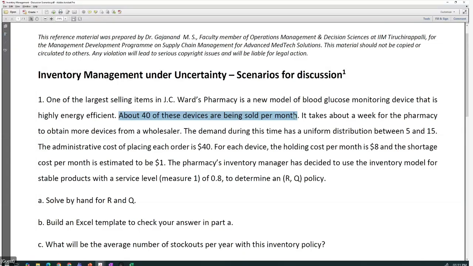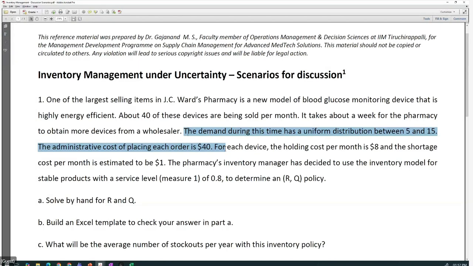It takes about a week for the pharmacy to obtain more devices from a wholesaler, so the lead time is 1 week. The demand during this time has a uniform distribution between 5 and 15. The administrative cost of placing each order is $40.